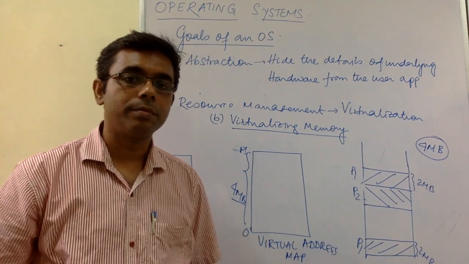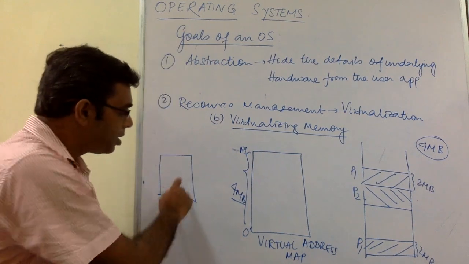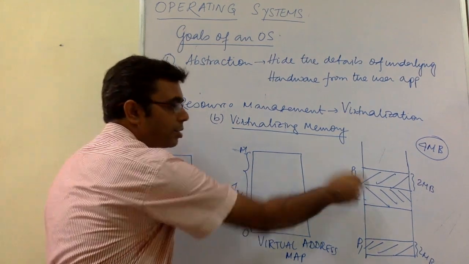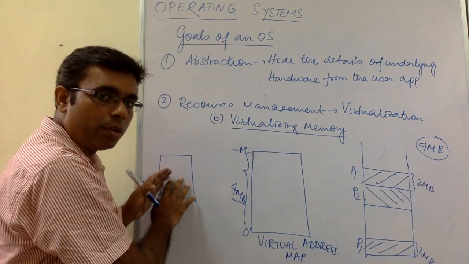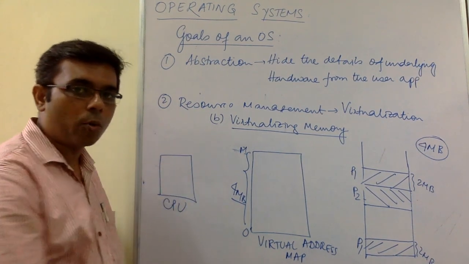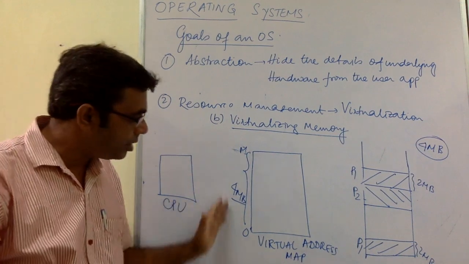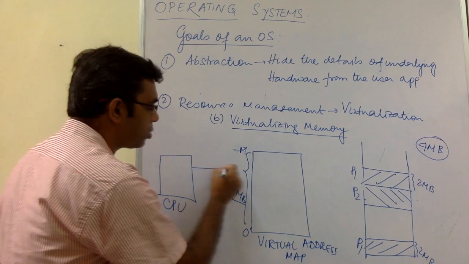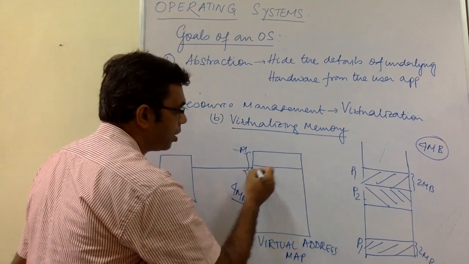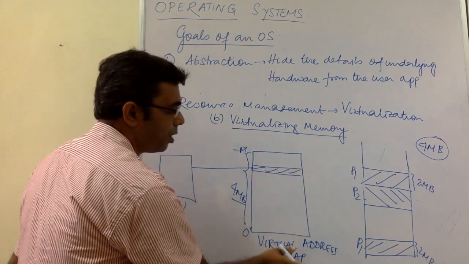That's contiguous. And interestingly, the CPU will see this view and not this. So whatever instructions it would like to execute, it will generate requests for those instructions keeping in mind this particular view. So say there's a certain instruction that it wants to execute for this location of this particular virtual address map.